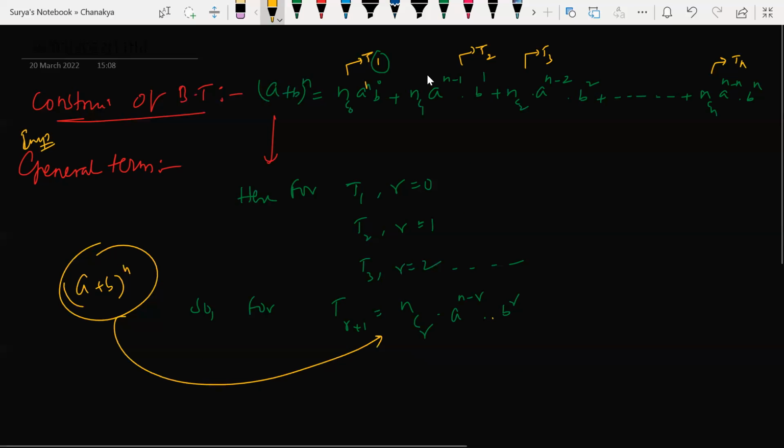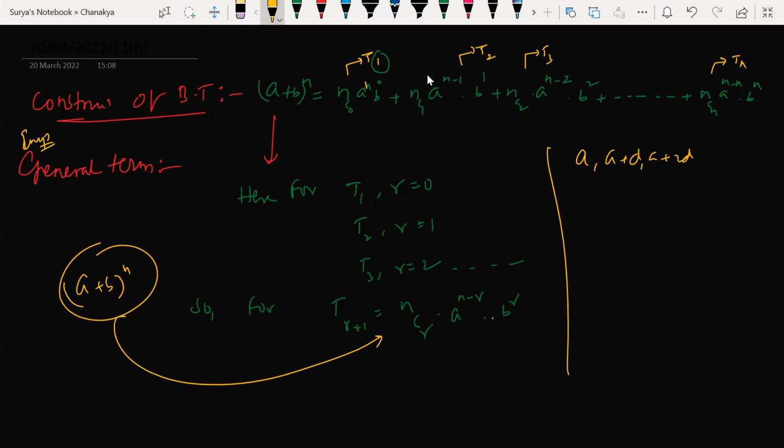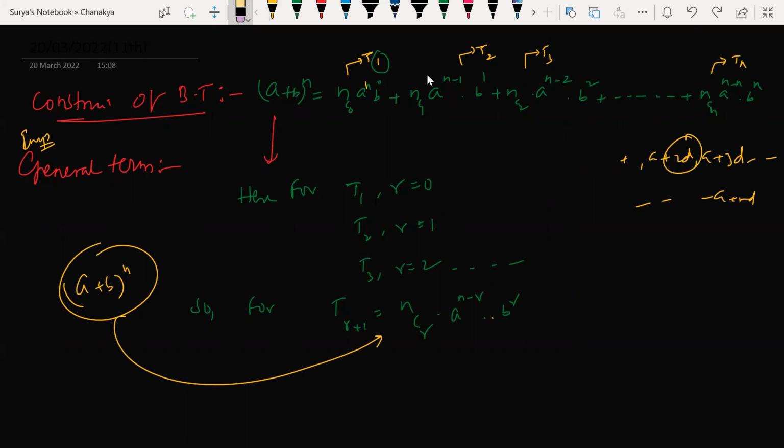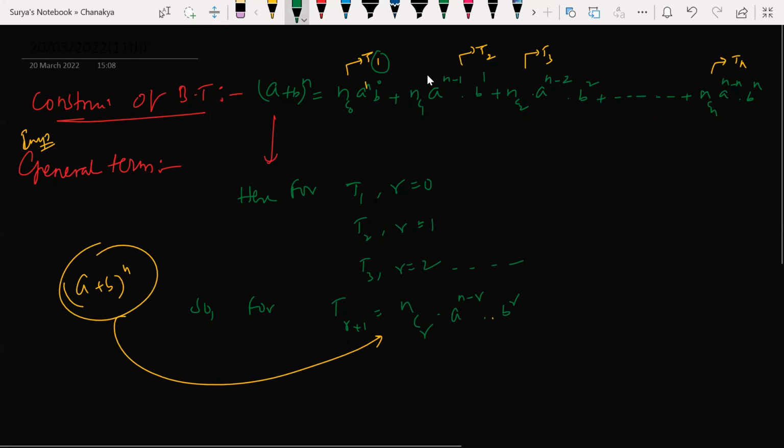What is the general term of the arithmetic progression? We learned in arithmetic progression: a, a plus d, a plus 2d, a plus 3d, and so on, a plus nd. So this is my term 1, this is my term 2, this is my term 3. That is how we used to identify term 1, term 2, term 3, term 4, term 5, and so on.